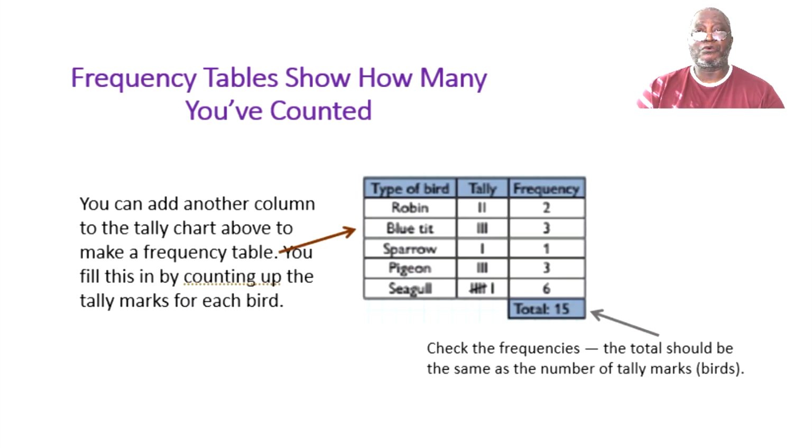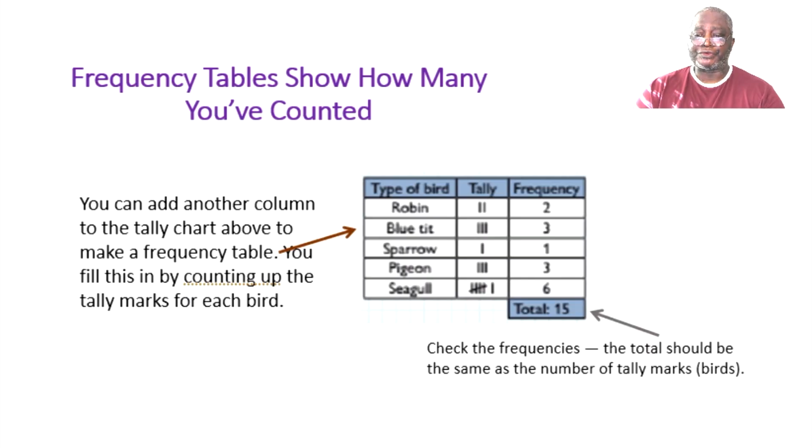This is very, very useful when you have a large amount of data. So if you have, let's say, 20 robins, 50 bluebirds, 10 sparrows, and so on, because you're counting in fives, after every 4 you put a stroke across to make 5. It's just an easy process of counting 5, 10, 15, 20.